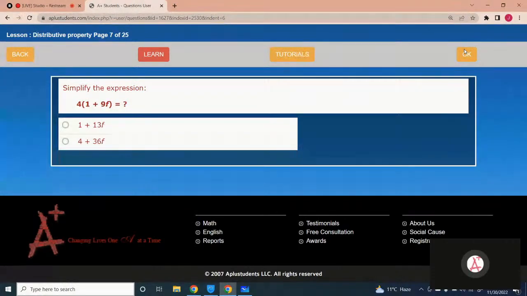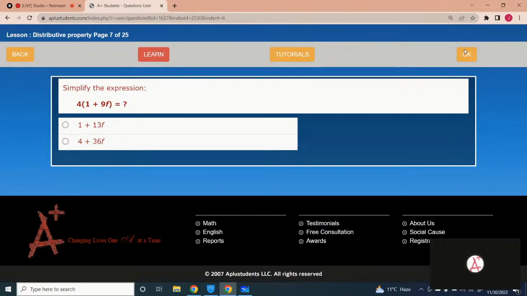Okay, simplify the expression. Which of the expressions is the correct answer? The first one or the second one? No one is answering.